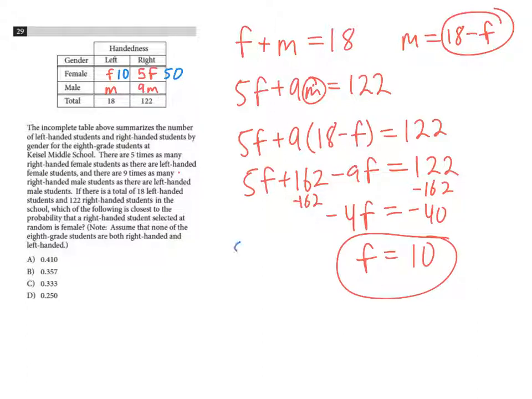So that's going to be 50 out of 122. Okay, and we'll plug that into the calculator to get a decimal solution. 50 divided by 122, that's going to be 0.441, round to the nearest hundredth. Yeah, and that'd be A.